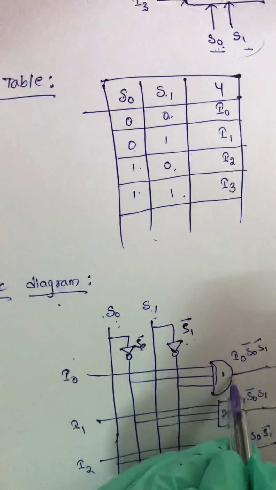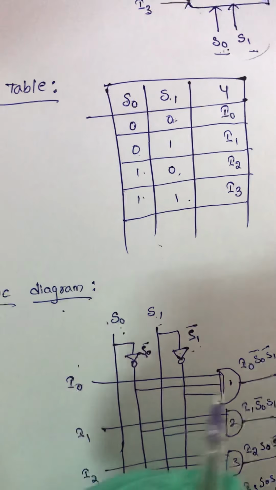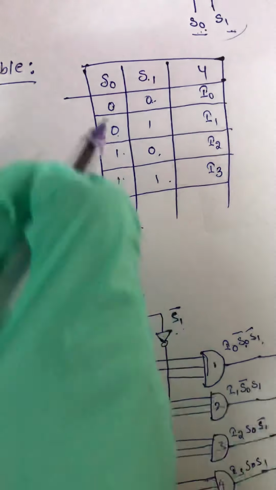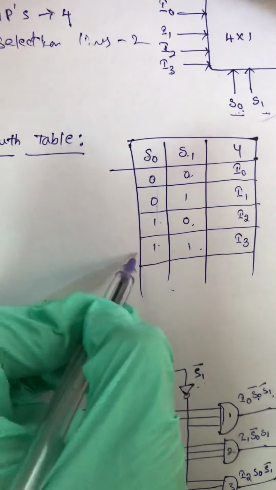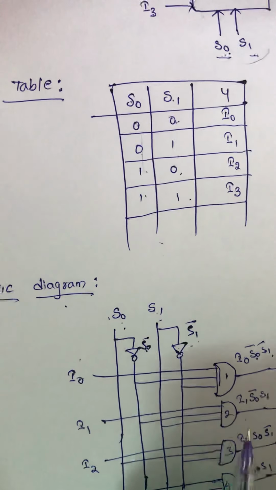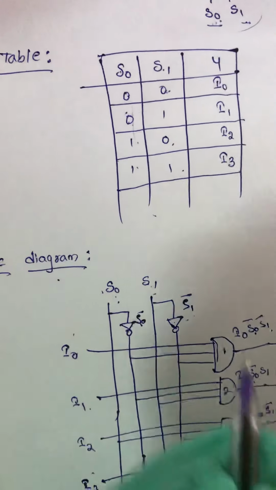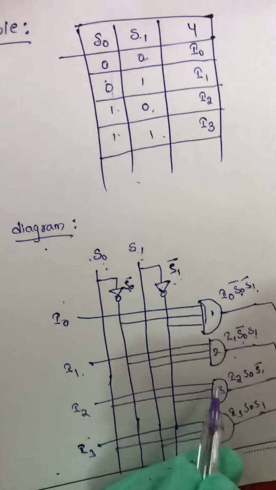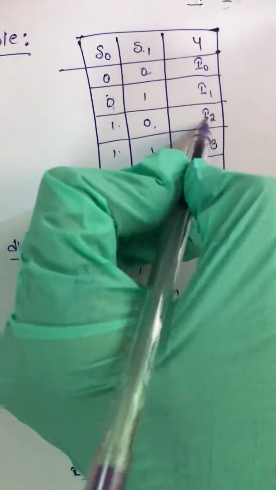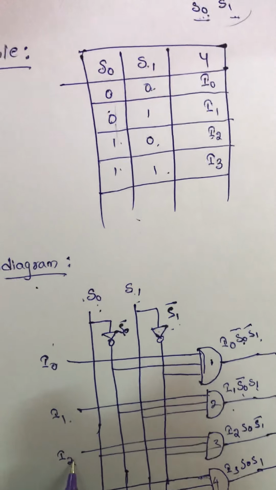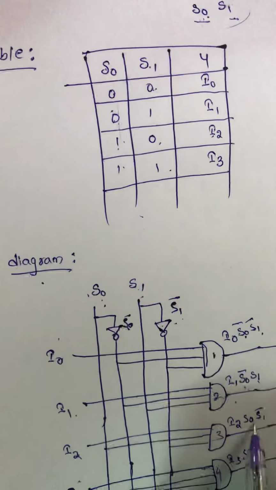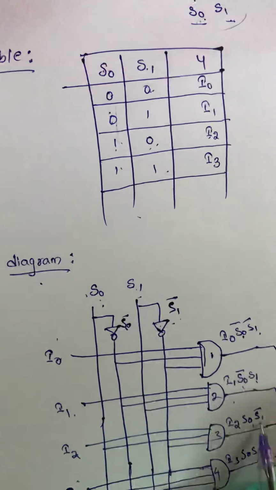The first AND gate inputs are I0, S0 bar and S1 bar, according to the truth table. The second AND gate has input I1, and the second possibility, 0 means S0 bar, 1 means S1. The third AND gate has input I2, with 1 meaning S0 and 0 meaning S1 bar.